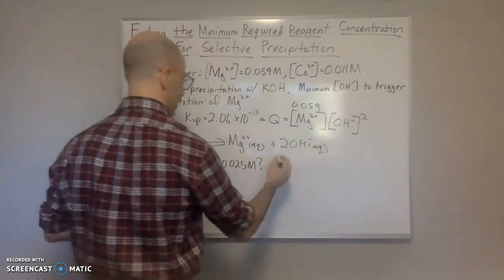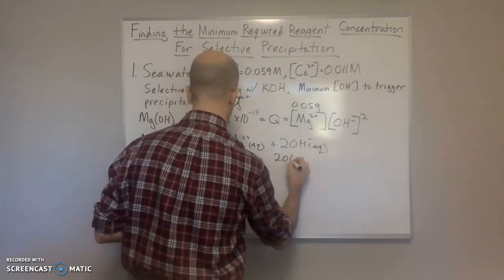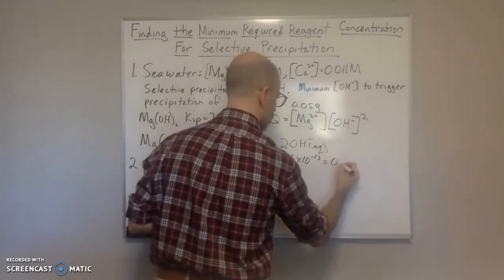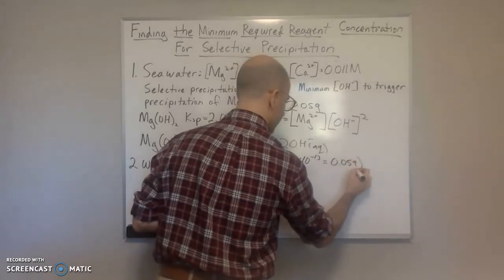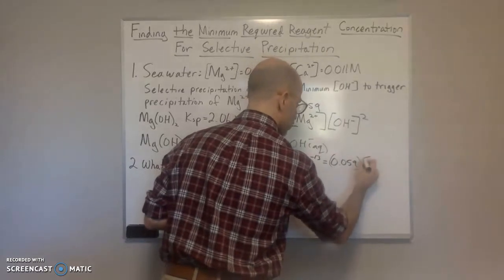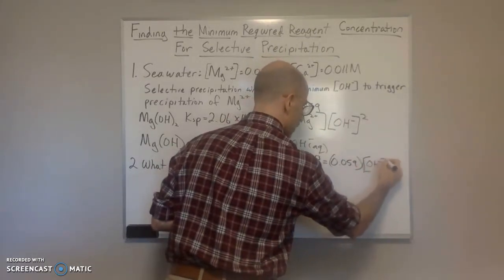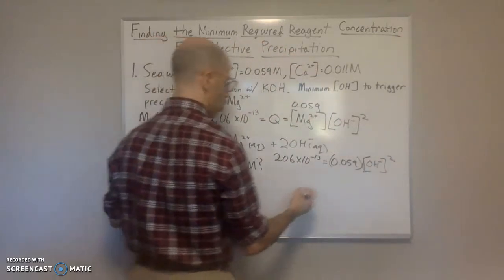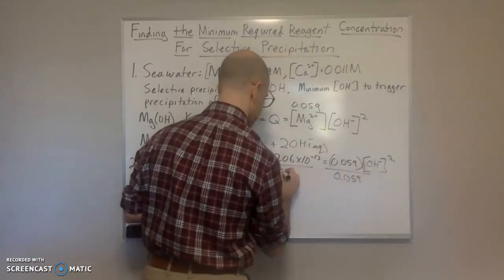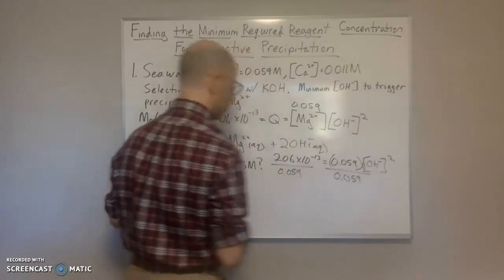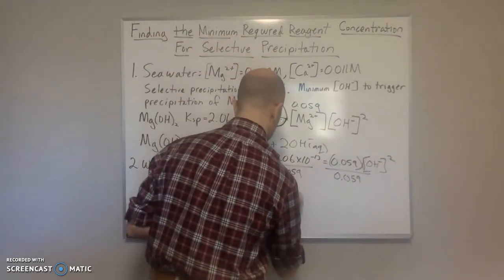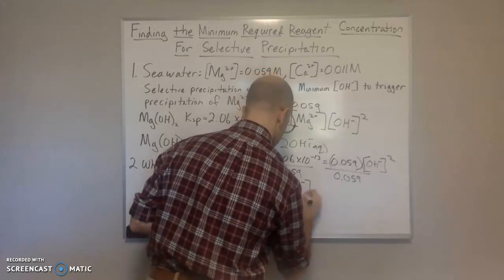So 2.06 times 10 to the negative 13 is equal to 0.059 times the concentration of OH minus squared. So you just divide both sides by 0.059, and then you have to square root both sides. And then you get the OH concentration.